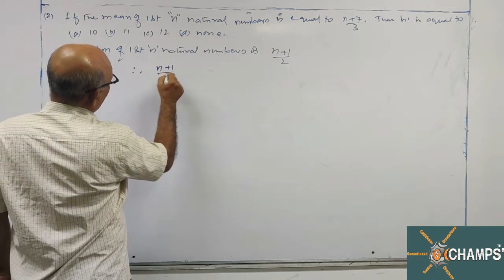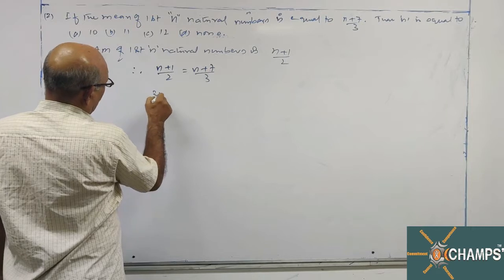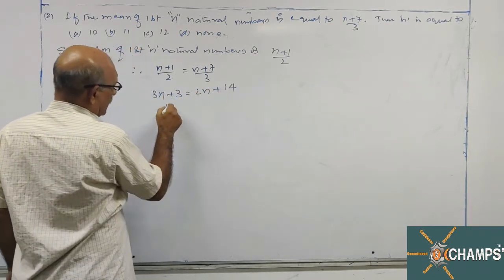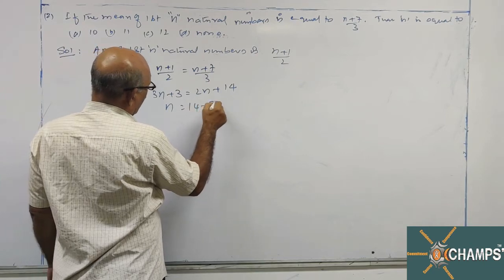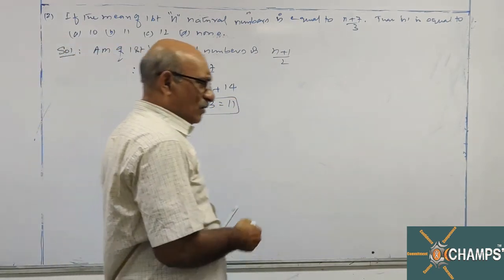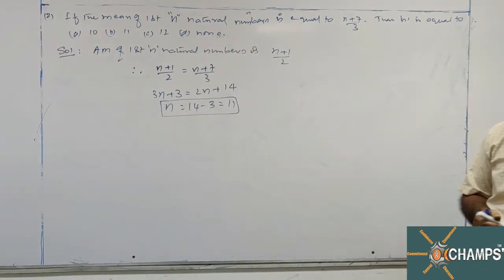Therefore, n plus 1 by 2 is equal to n plus 7 by 3. 3n plus 3 is equal to 2n plus 14. n is equal to 14 minus 3, 11. So, value of n is equal to 11.